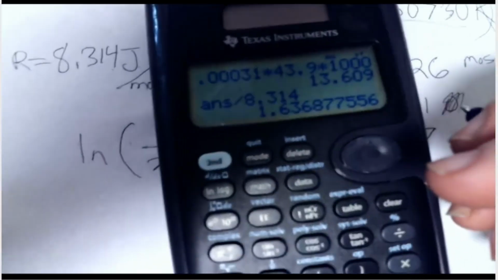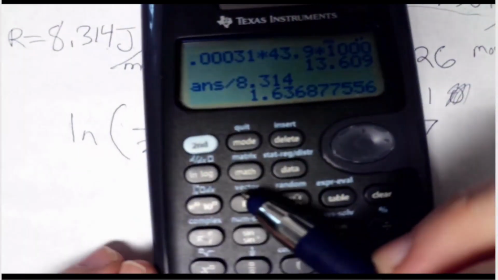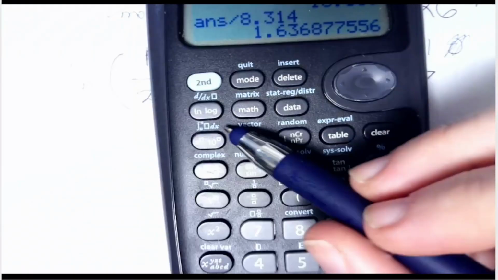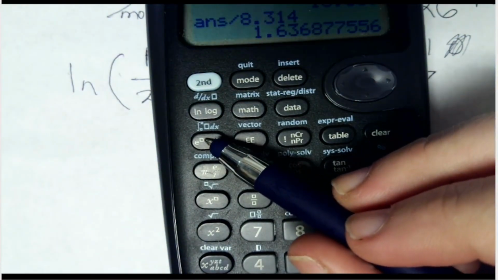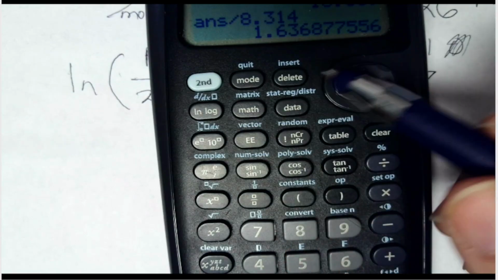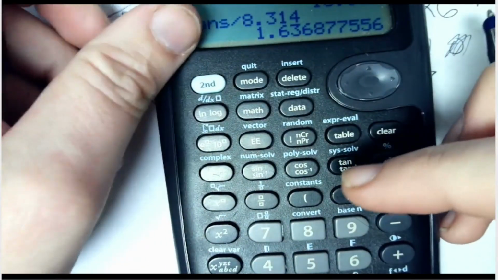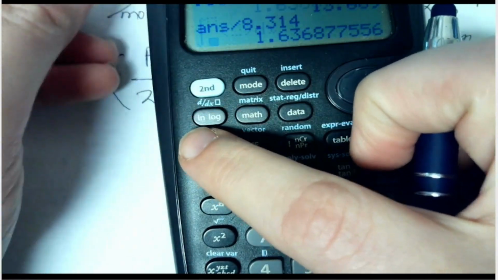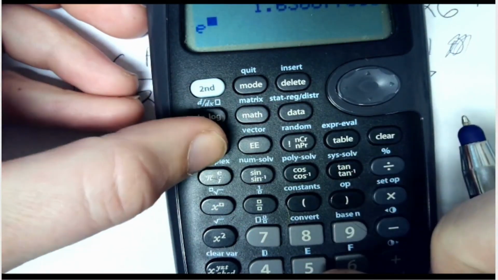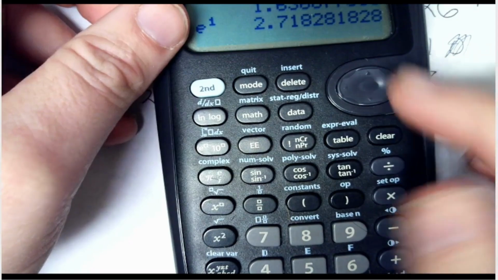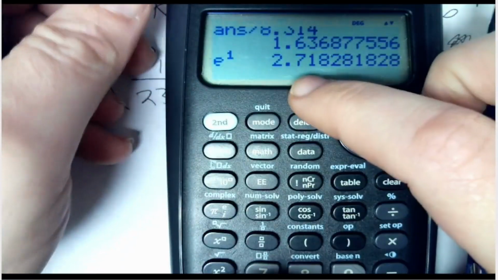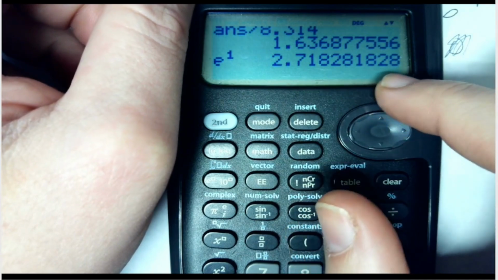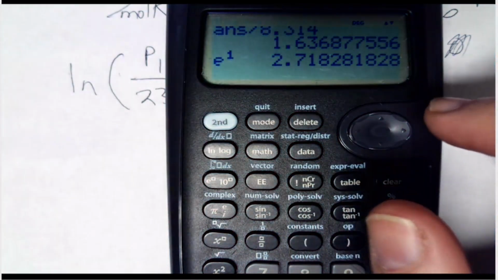I want you to look on my calculator. It is the e raised to the power on my calculator. Exponential is a certain type of constant, much like pi. So if I said e to the first, the magic number is a number that doesn't really repeat. It's 2.718281828, and it keeps going forever.